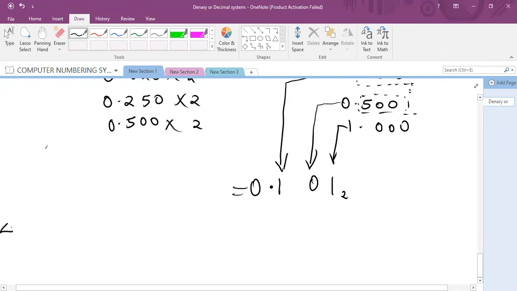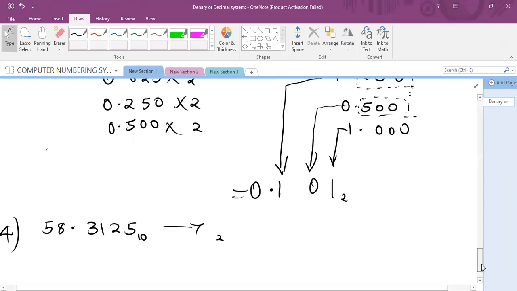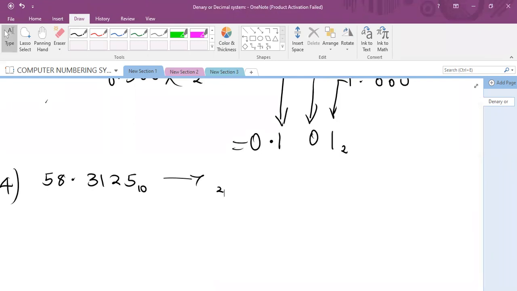Number 4. Let's say you're told to convert 58.3125 in base 10. You're told to convert this to base 2. Okay, fine. So let's start with 58, and then we can do the decimal bit after we are done with 58.